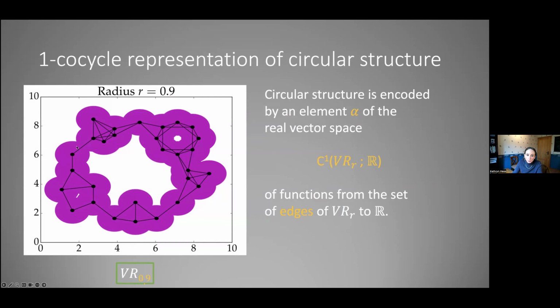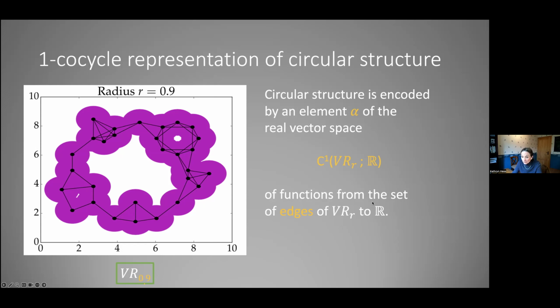So the way that one encodes this kind of circular structure is by what's called a one-cocycle. So a one-cocycle is an element, we'll call it alpha, of the real vector space that I'll denote like this. So it's a set of functions from the set of edges, so all the edges of this structure here, to the real numbers.